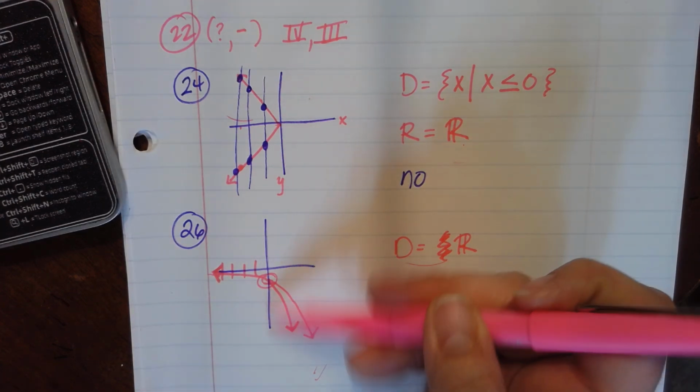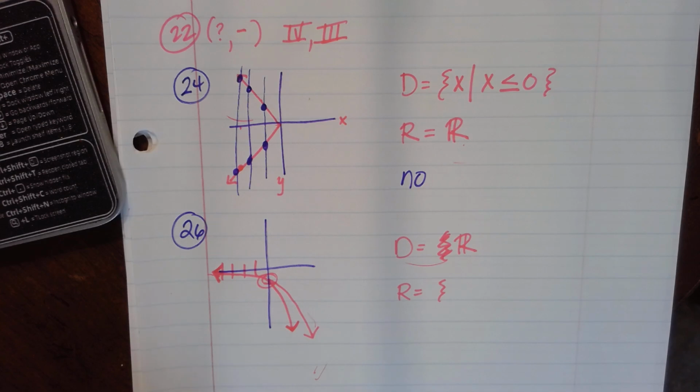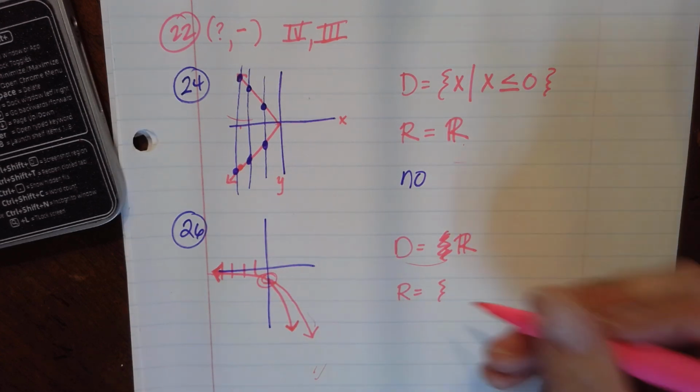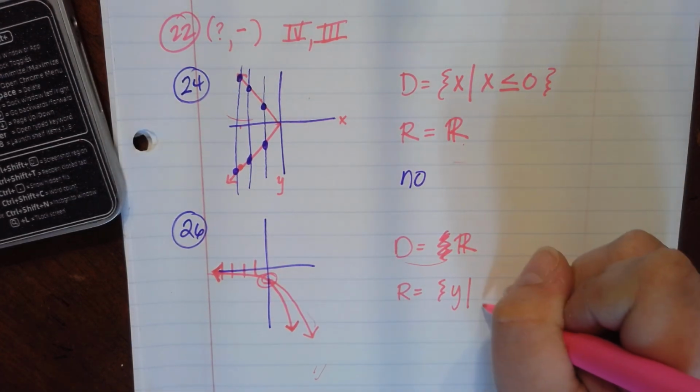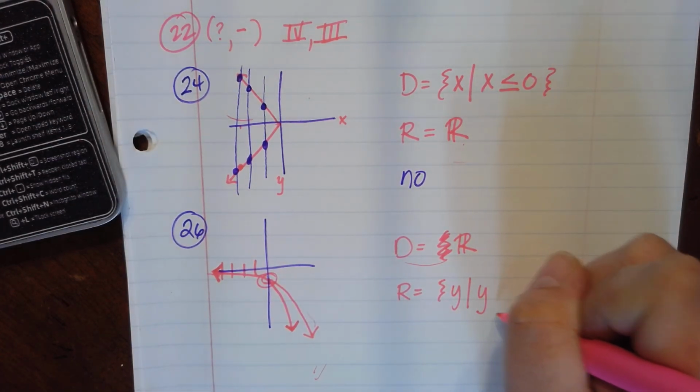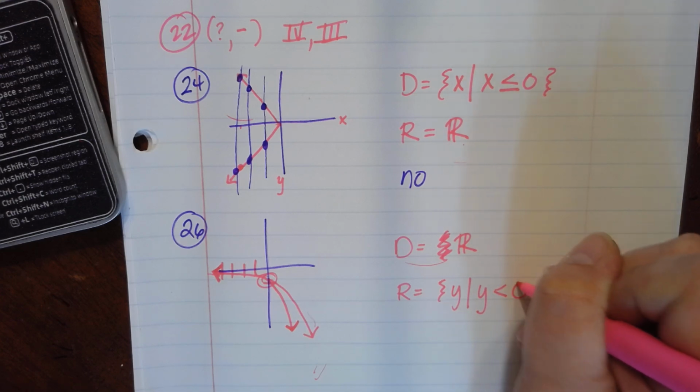And it's going down, it's negative. So I know that my range is going to be either in the 0, in the zeros, or it's going to be some kind of negative number. So I am going to list this as y is such that y is less than 0.